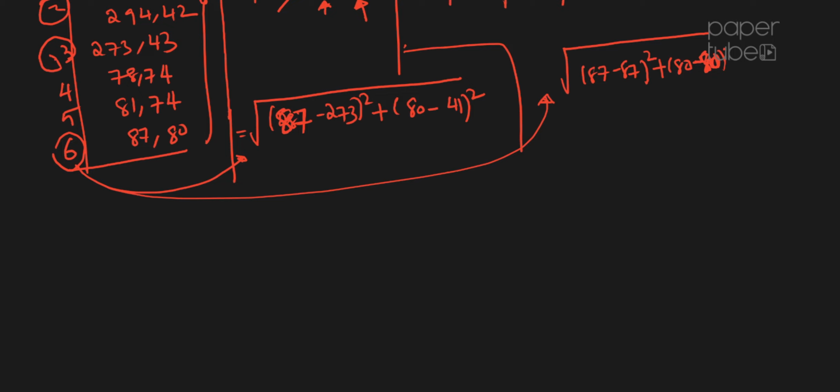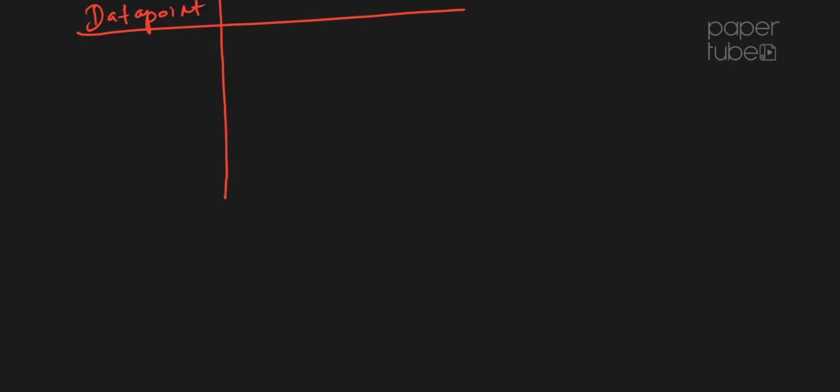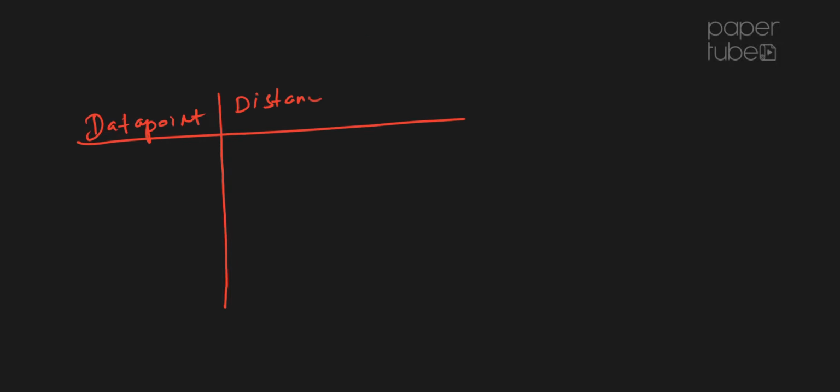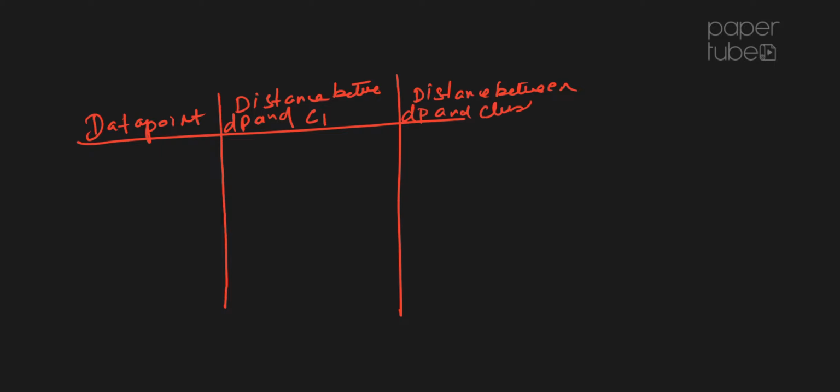So if your calculations are correct, then you will get something like this. So let's make the graph: data point, then distance between each data point and cluster center C1, and then distance between each data point and cluster center 2, which is C2.